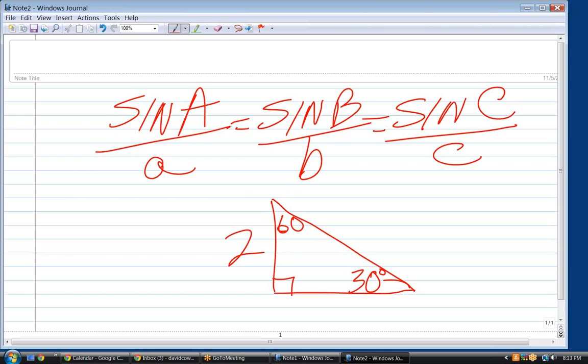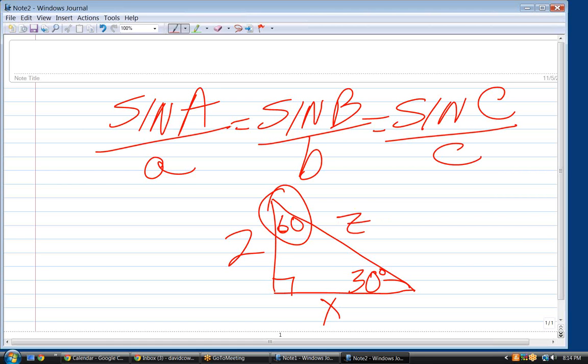And so I can figure out everything else based on that. The tangent of 60 is this side divided by 2, so I can solve for x. And then once I've solved for x, I can solve for z. So I can completely solve right triangles, always, without using the law of sines.